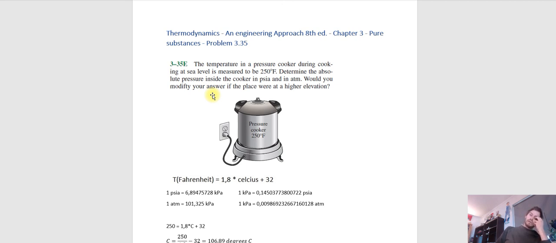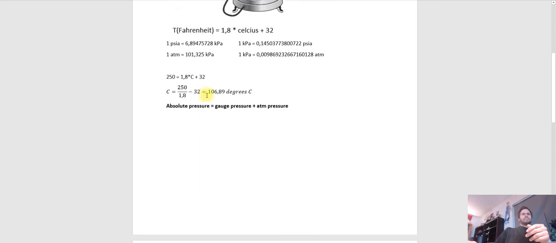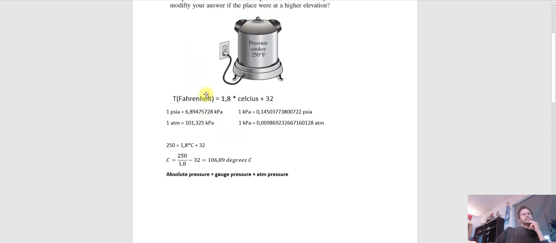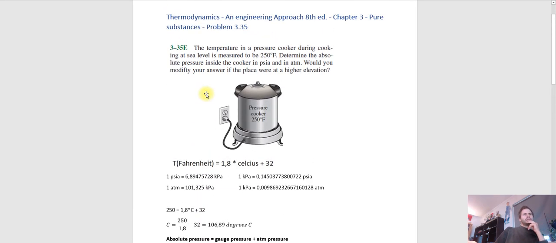Like if you put it, for example, on a mountain, 10,000 meters up in the air, I will change the answer. Yes, then the pressure would be better, I think. Unless the pressure is put in the pressure cooker, it's solid, and the elevation doesn't matter.